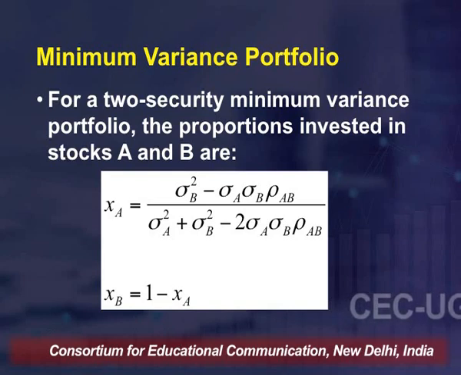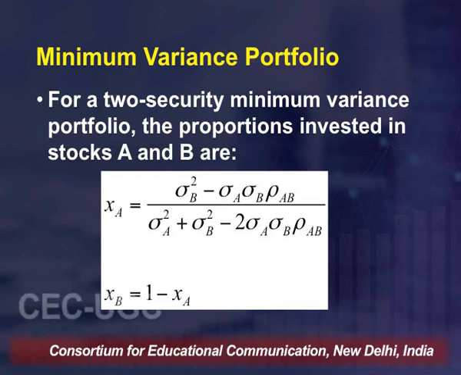So the weightage in stock A is equal to, you can see the formula as visible there, and once you calculate the weightage to be invested in stock A, the remaining is 1 minus XA.